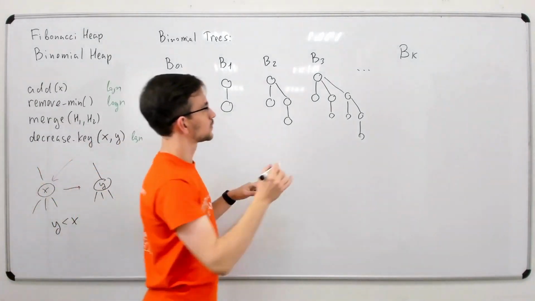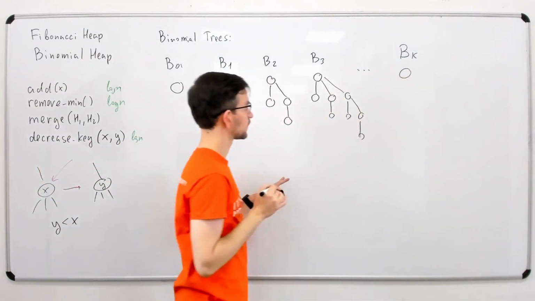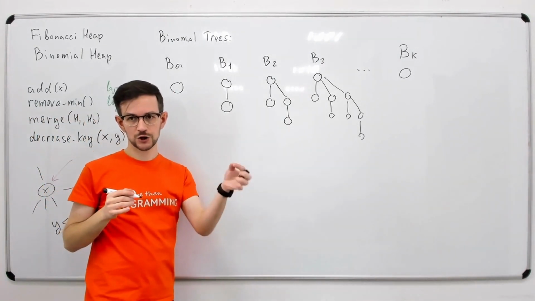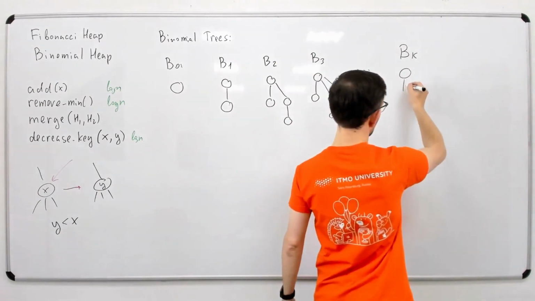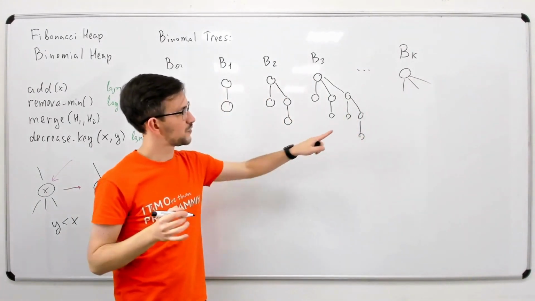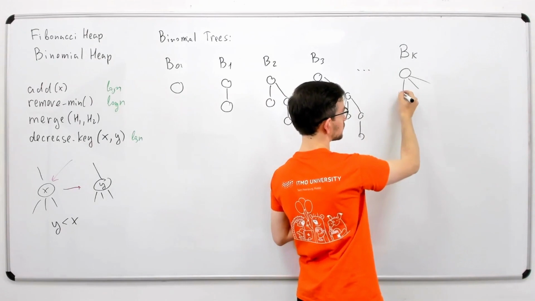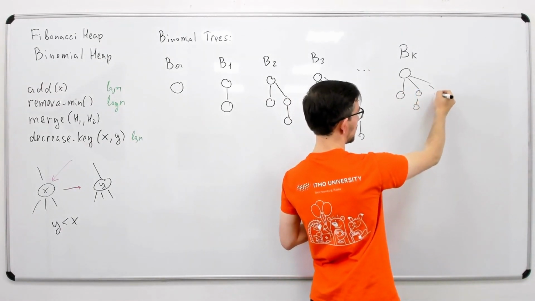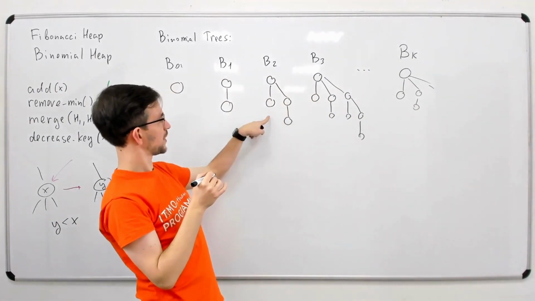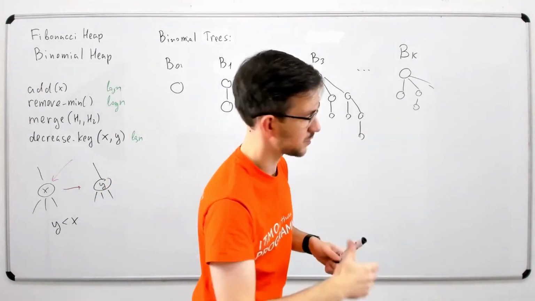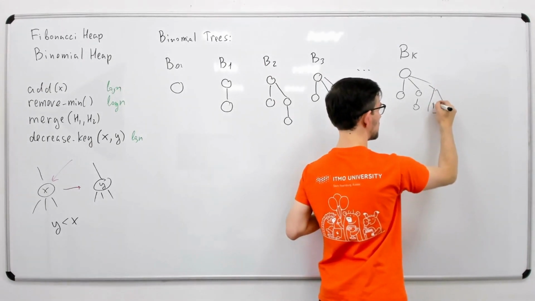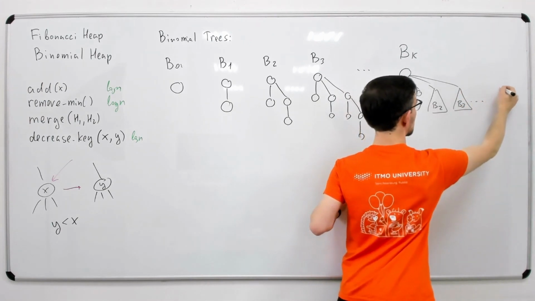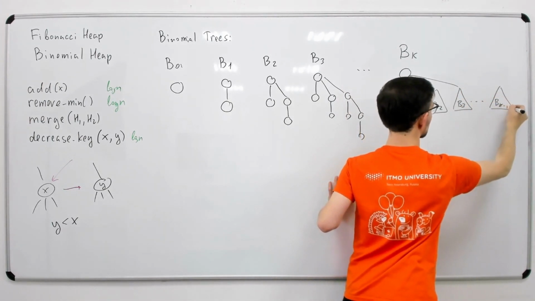You have the vertex, and the root of the tree has exactly k children. The first child is just 1 vertex. Second child is 2 vertices. Then we have 3 like this. Here we have B_2. Here we have B_3, and so on. The last tree is B_{k-1}.